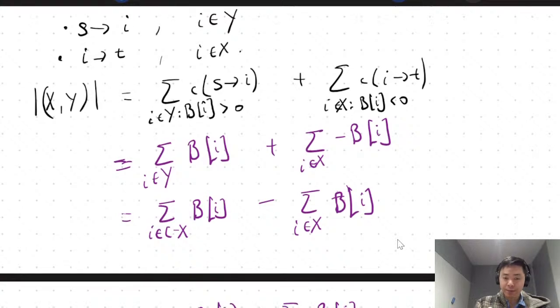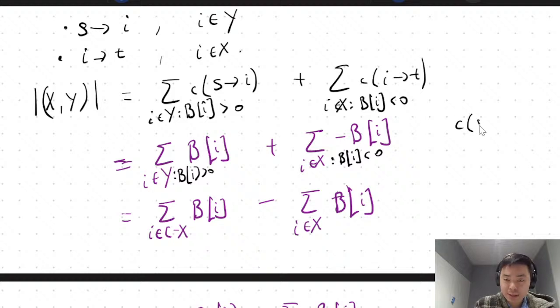So you can break this down into two parts then. By definition of my capacity C of S to I, this is just B of I, where B of I again is positive. So I'll probably just write this. And here my B of I is negative. So this is just by plugging in my capacity.